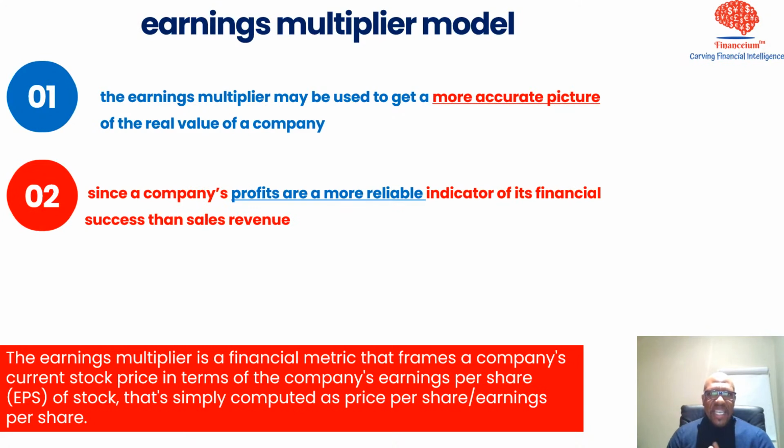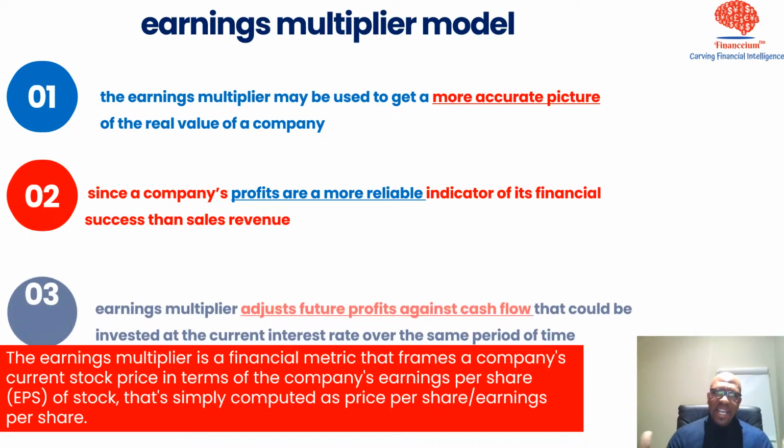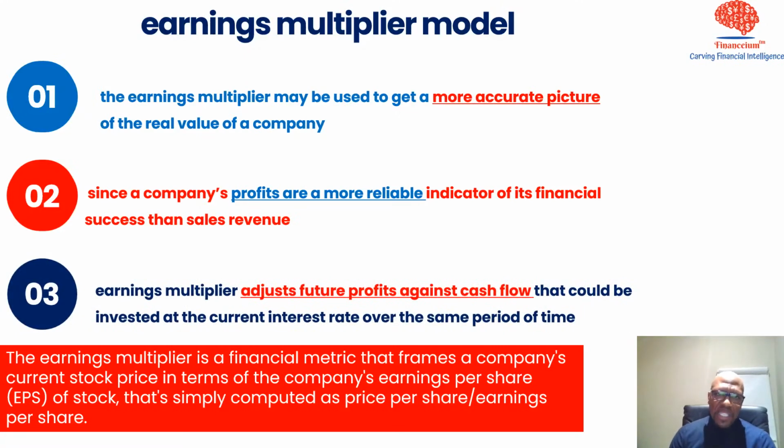Secondly, we already know by now that profits are more reliable indicators of financial performance and financial well-being than their counterpart, sales revenue. And lastly, the multiplier adjusts future profits against the cash flows. The cash flows come again; you remember we had a series on cash flows. So this approach adjusts the future profits against the cash flow that could be invested at the current interest rate over a certain period of time.